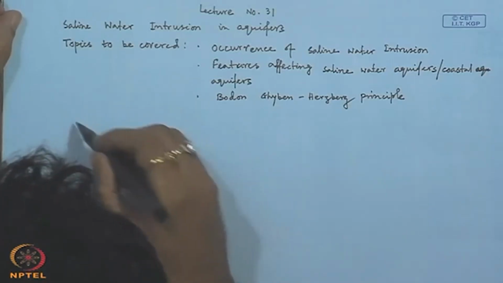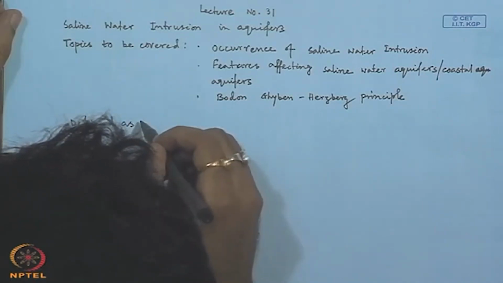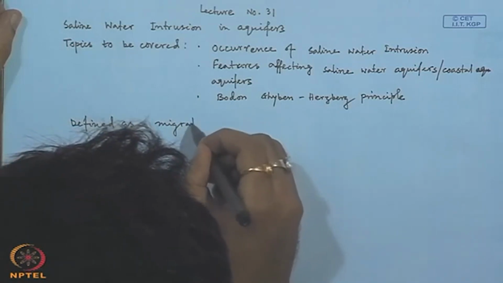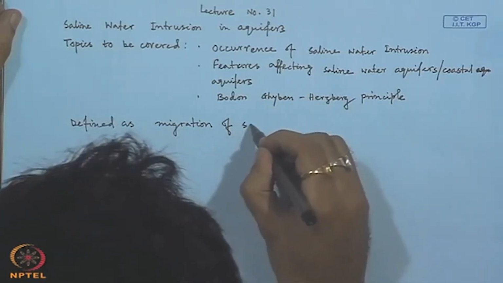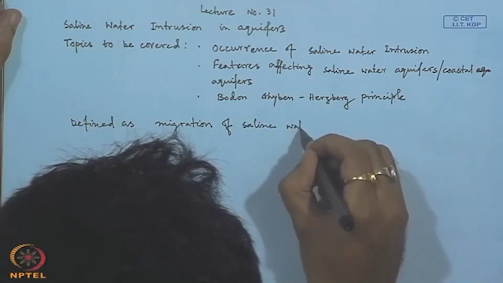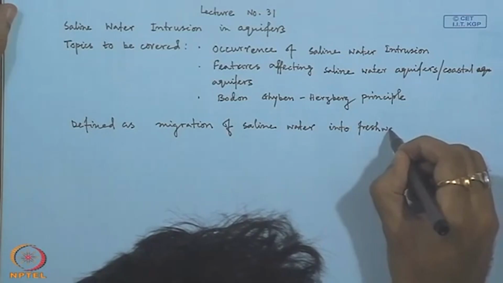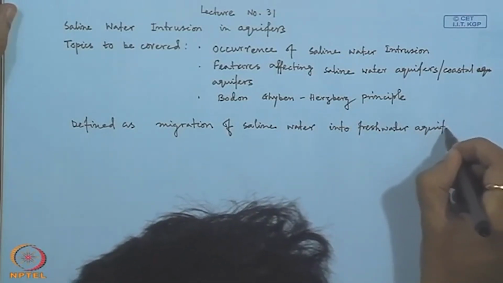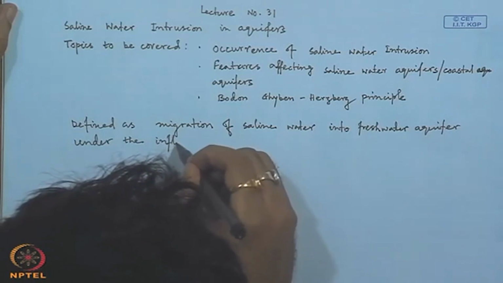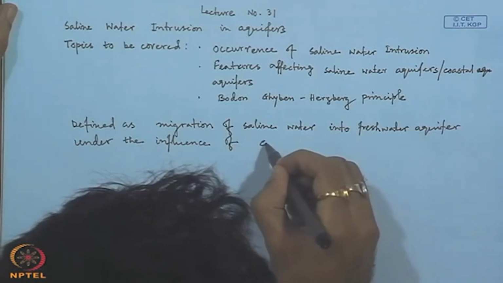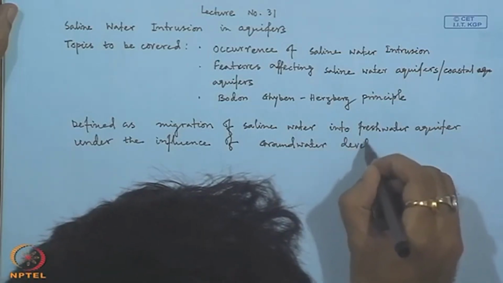So, this is basically defined as migration of saline water into fresh water aquifer under the influence of groundwater development.